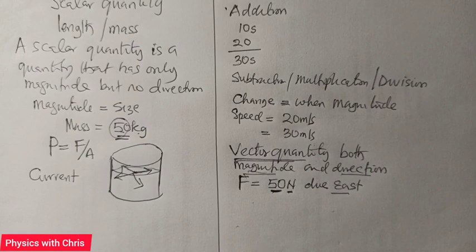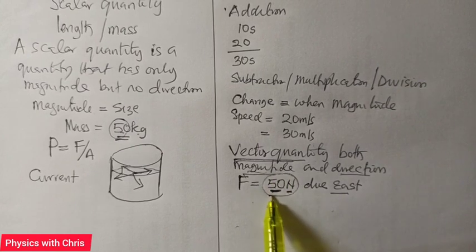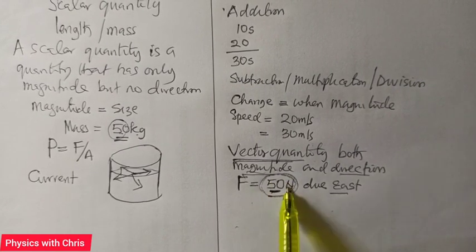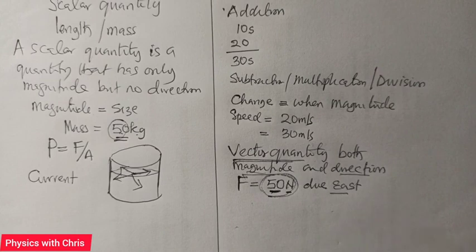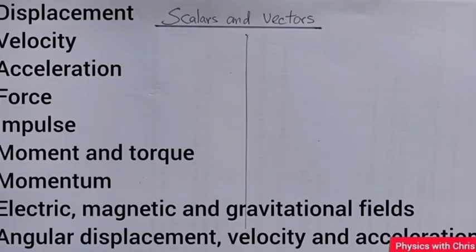So if I must call this a vector quantity, I must look out for its magnitude, which is a size and a unit, and a direction in which the vector is acting. We have a number of examples of vector quantities. Displacement is a vector because displacement is distance covered in a stated direction.